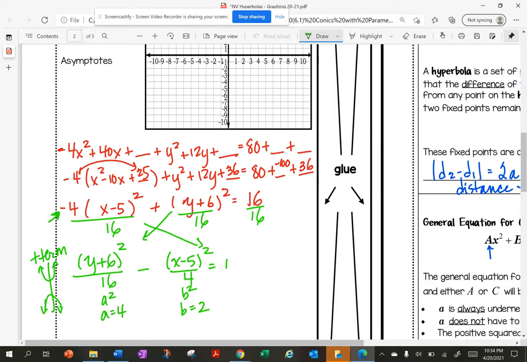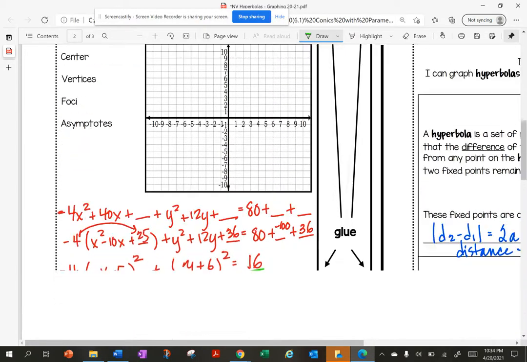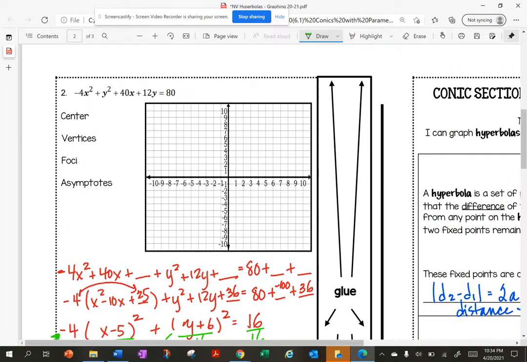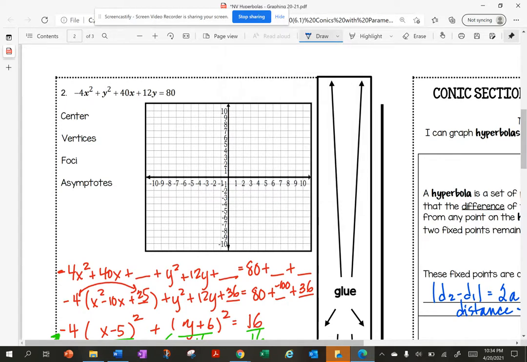So I'm going to start out with my center is at h is 5 and k is negative 6. So my center is at 5, negative 6.